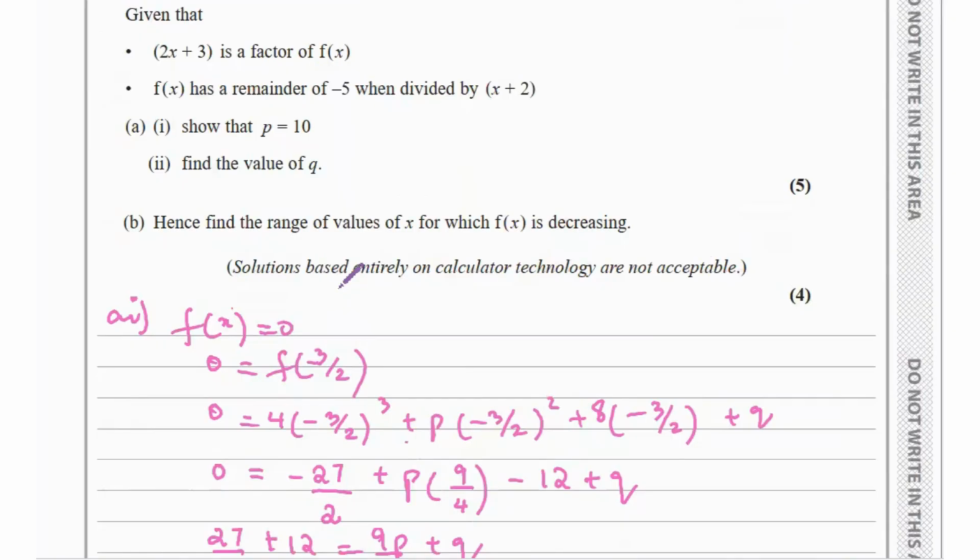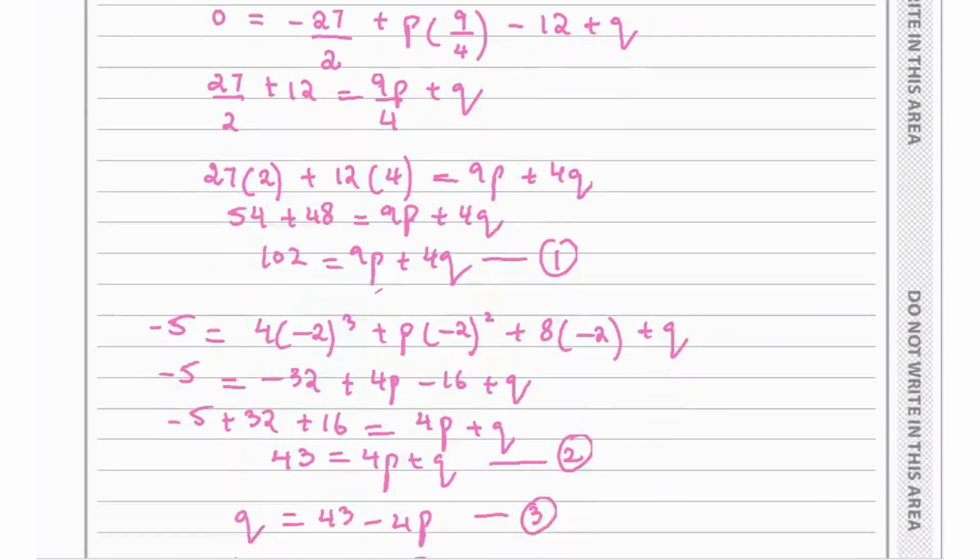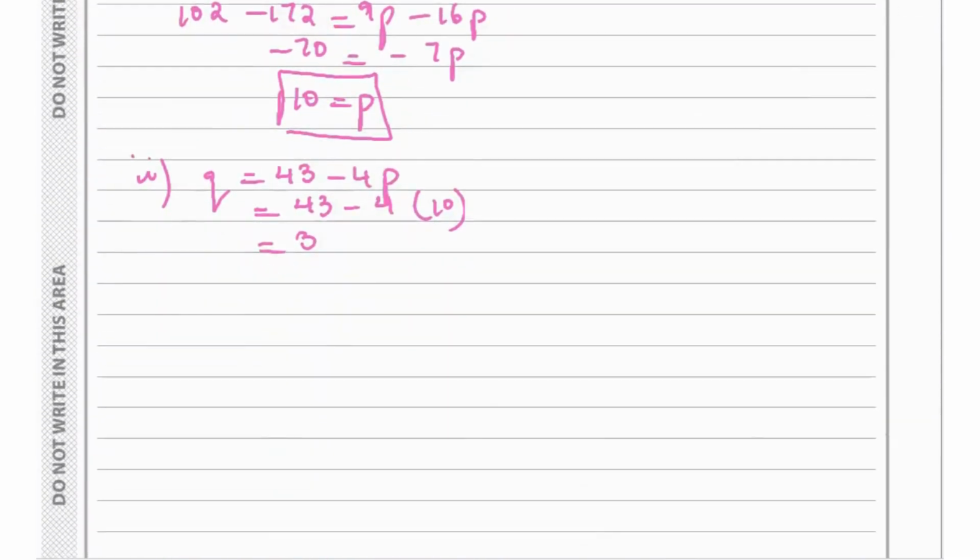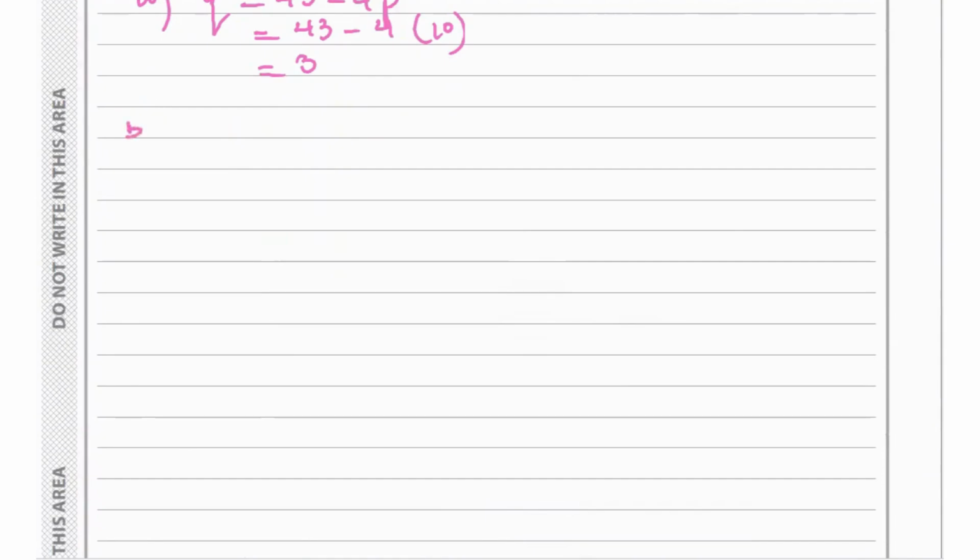Then, hence find the range of values of x for which f of x is decreasing. Solutions based entirely on calculator technology are not acceptable. So if it's decreasing, that means first we differentiate the function. f of x is going to be 4x cubed plus 10x squared, because p is 10, plus 8x plus 3, because q is 3.